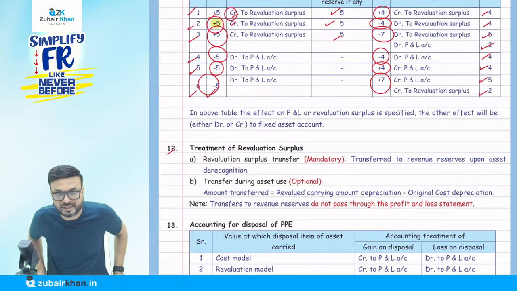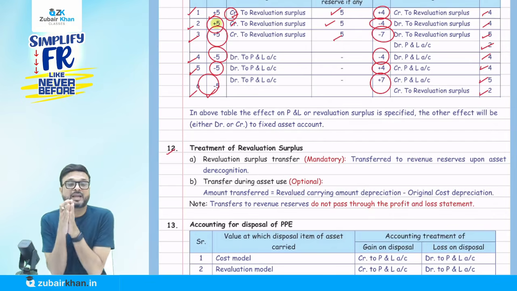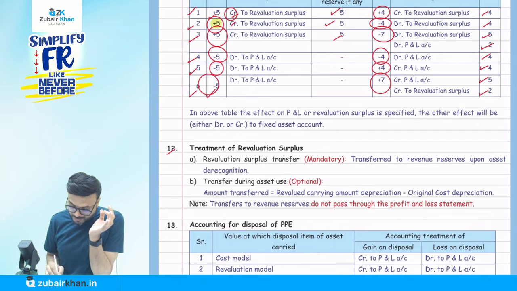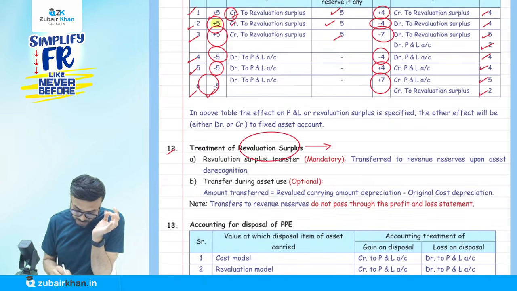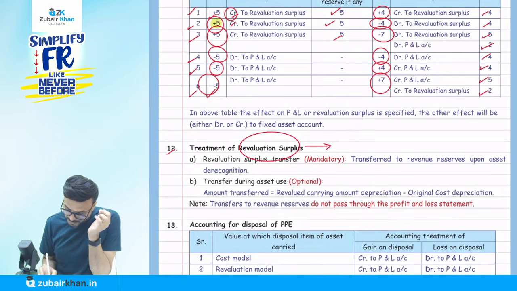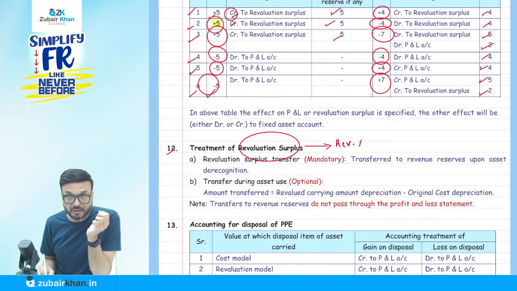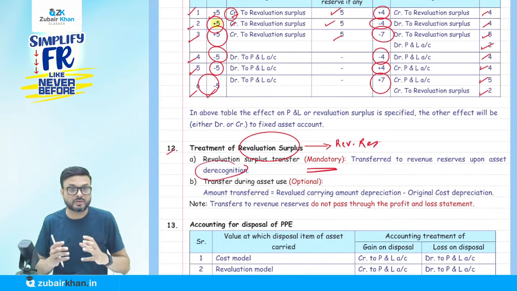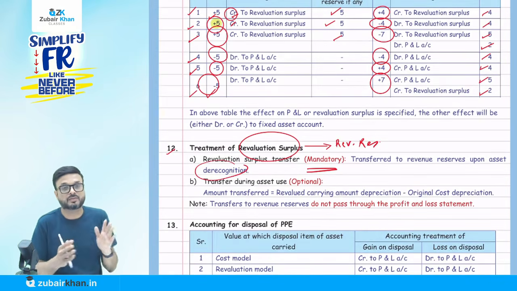Now revaluation surplus. This is the balance we have in revaluation surplus. It is mandatory to transfer the balance of revaluation surplus to revenue reserve when you derecognize the asset, when you sell the asset, when you remove the asset from the books of account.